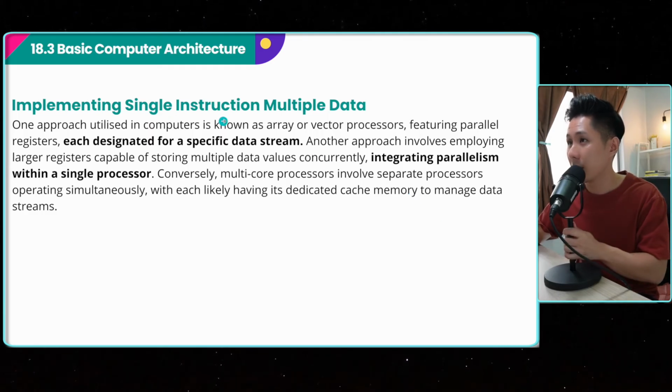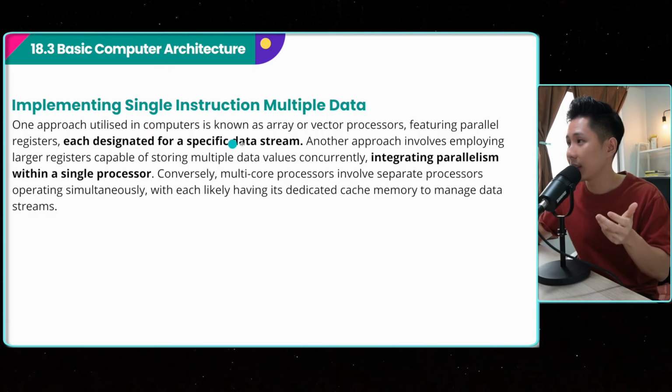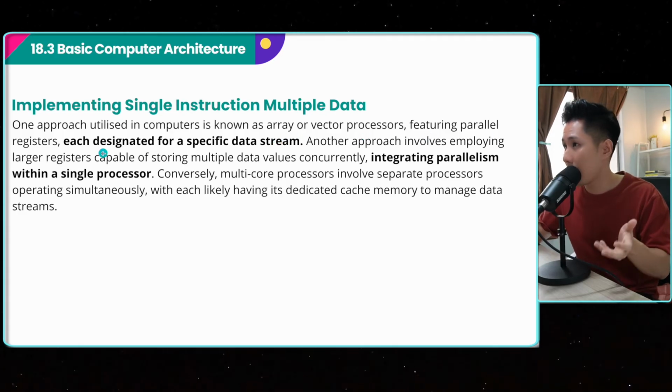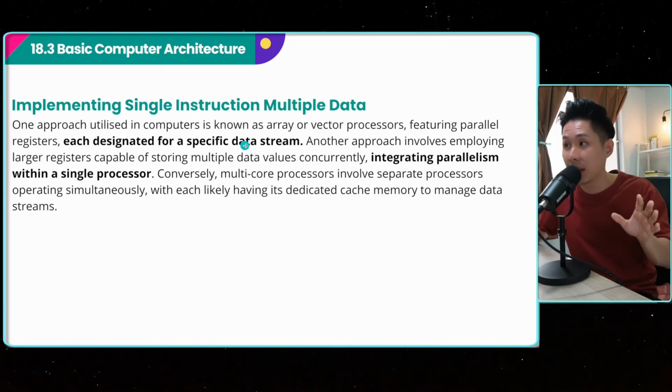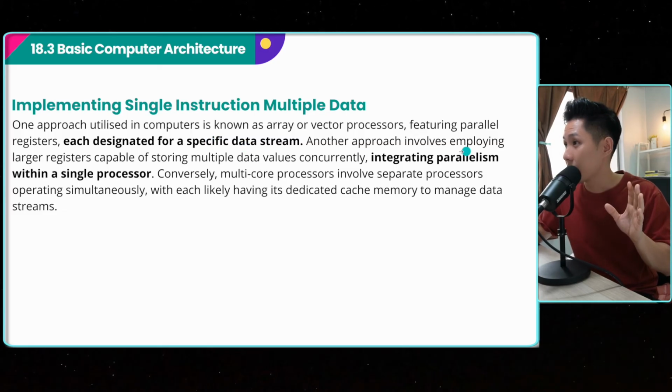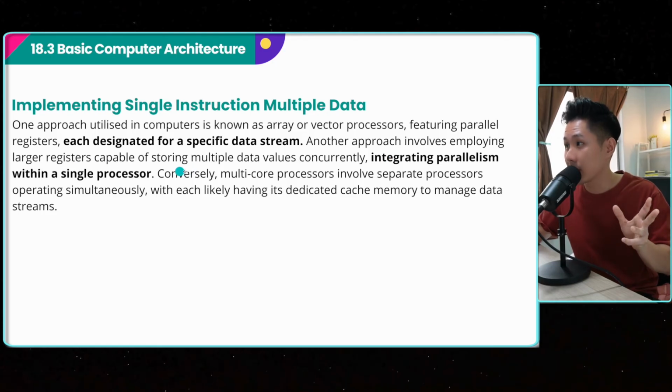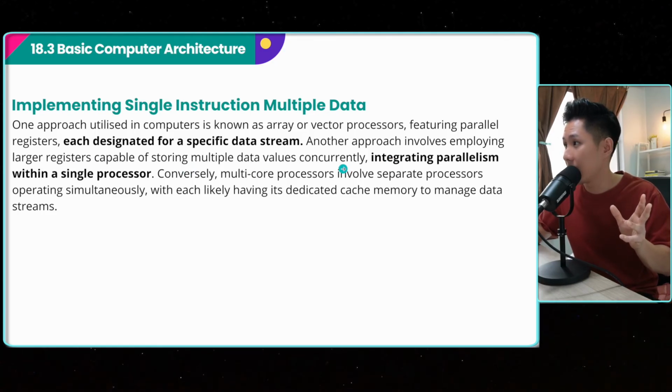Now, implementing single instruction, multiple data. One approach utilizing computers is known as array or vector processors, featuring parallel registers, each designated for a specific data stream. Another approach involves employing larger registers capable of storing multiple values concurrently, integrating parallelism.